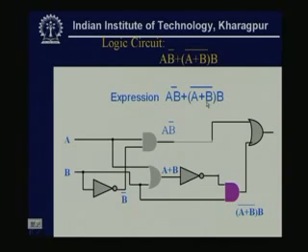Now, the full expression we see: this is my A B bar, the first part, and the right hand next portion is A plus B complement B, that is the other input. These two inputs are fed to one OR, because it is a plus means my OR, a 2 input OR gate.